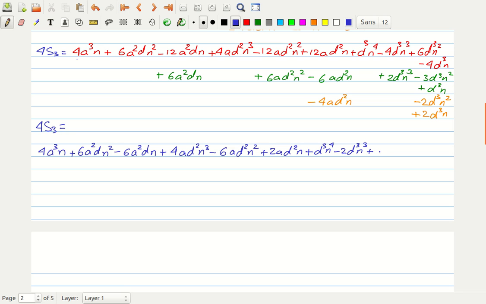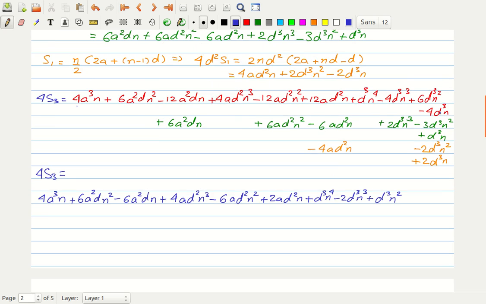Plus d cube n square, then this is minus 4d cube n plus d cube n plus 2d cube n. So I think we have left out one term from somewhere.